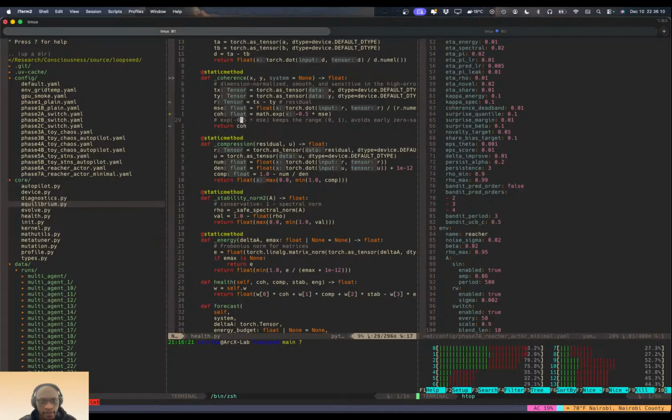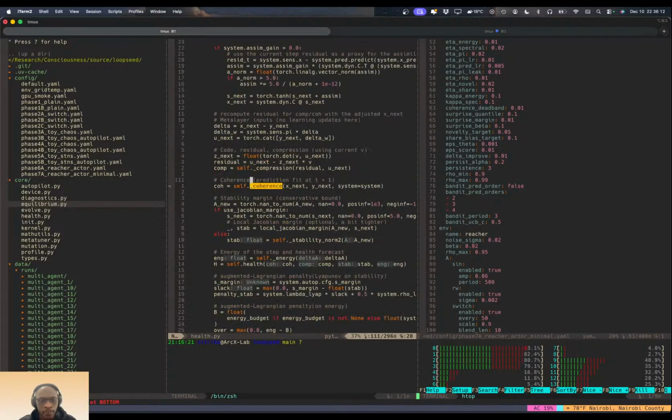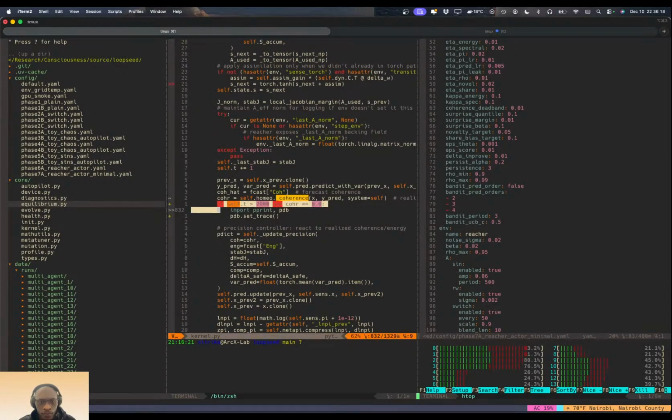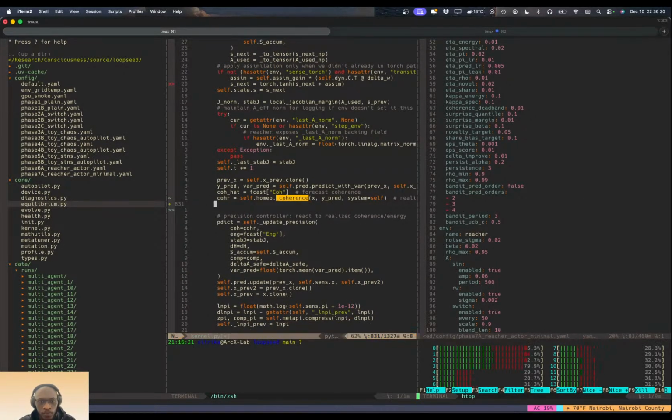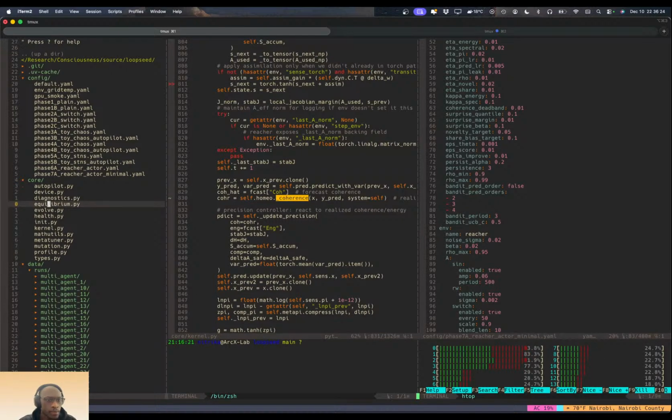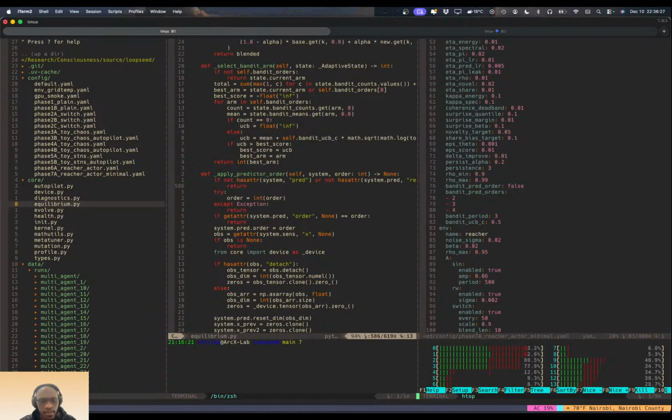Anything else? The kernel. And then equilibrium, did we have a print here? Nope.